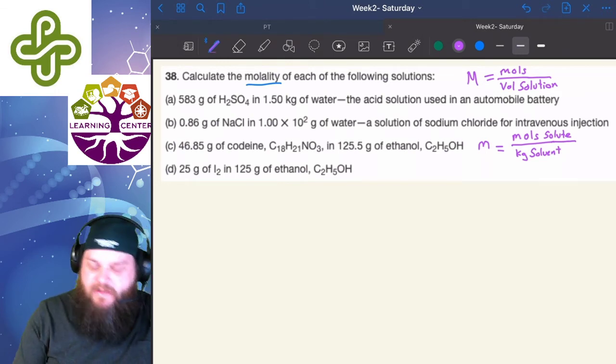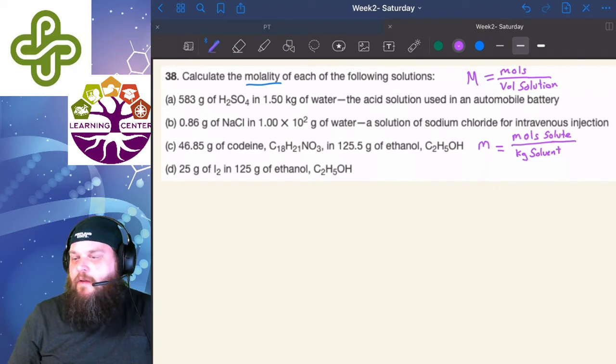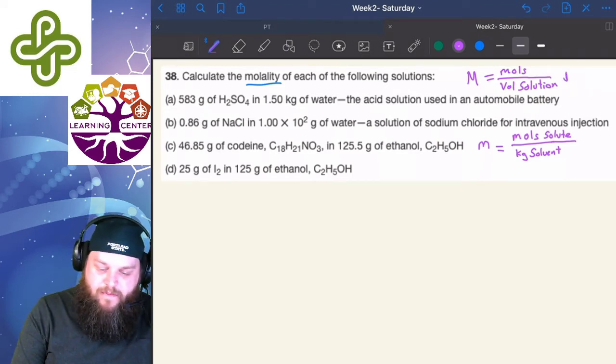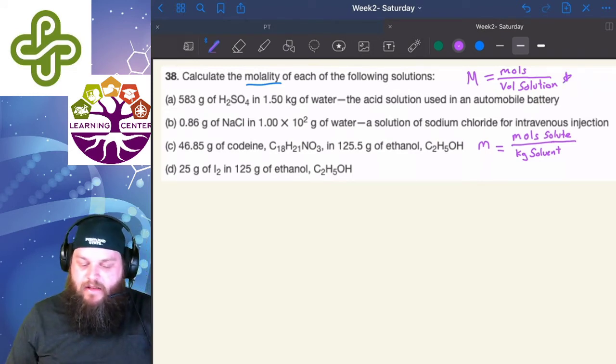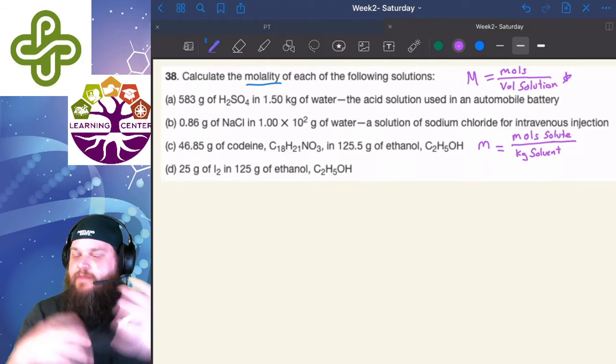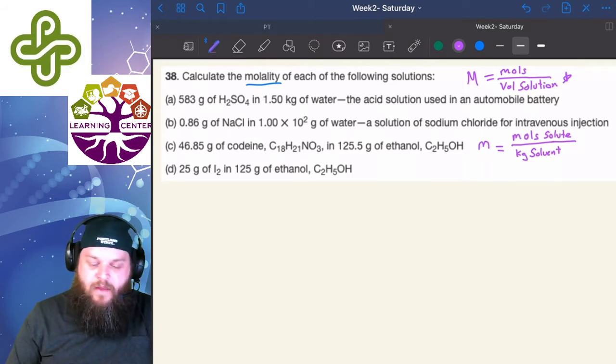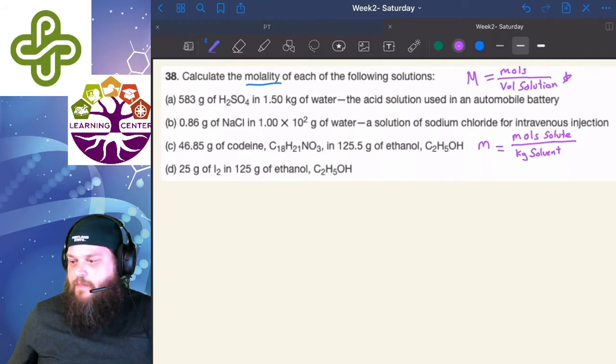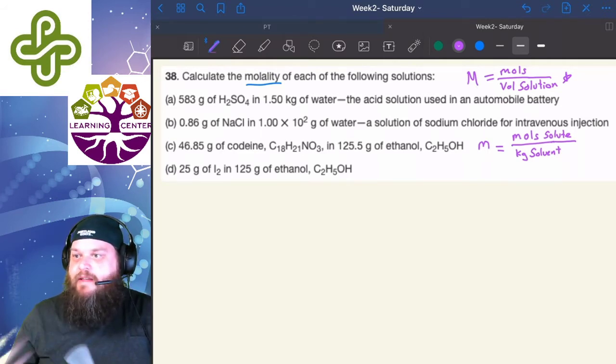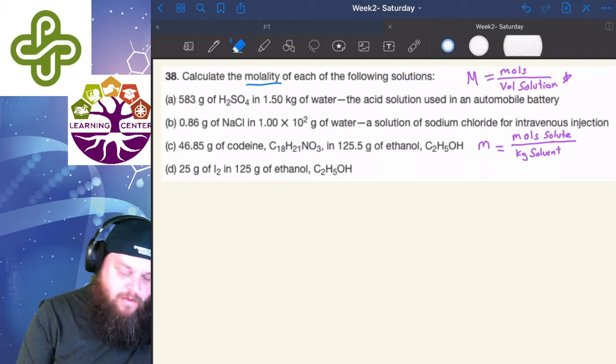So these are two distinct things, and sometimes it's useful. A lot of times you use molarity and concentration when you're worried about how much of something's floating around in another thing. But a lot of times if you know how much solvent you have, you can more easily determine the moles of the solute using the molality.